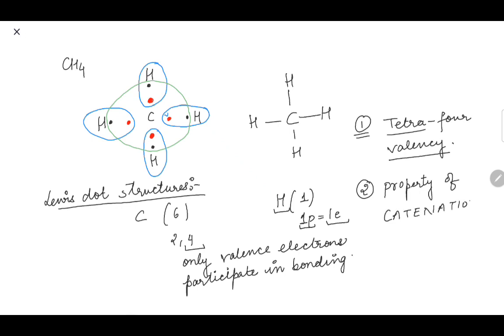The next reason why carbon forms so many compounds is that the property of catenation is possessed by carbon. Now, what is catenation?